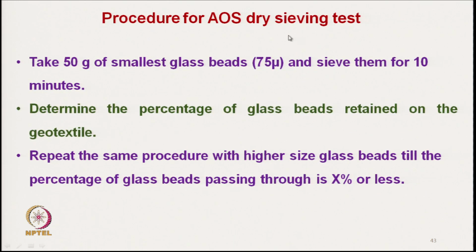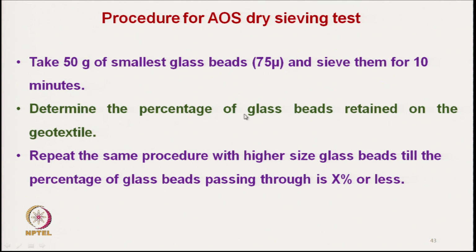So, as per the standard test method, around 50 gram of the very smallest size beads are taken. We start with the smallest size, that is 75 micron approximately, and it is sieved through the geotextile for 10 minutes. The frame is shaking.